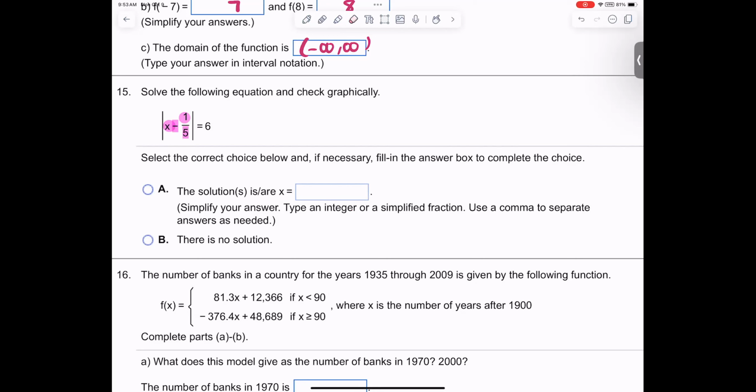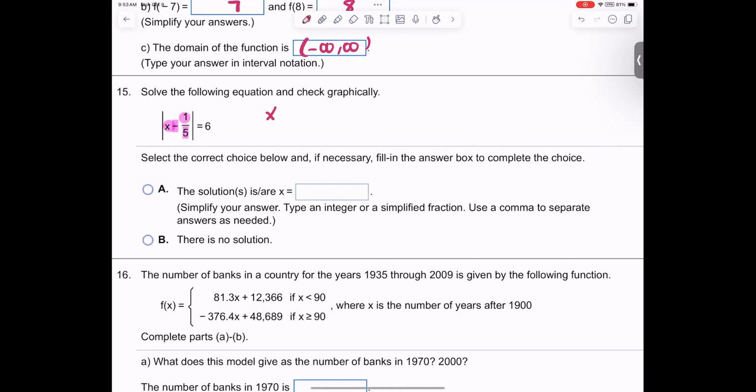What is that? X minus 1/5. You set that equal to the negative constant. That is your constant right there. And you set it equal to the positive.